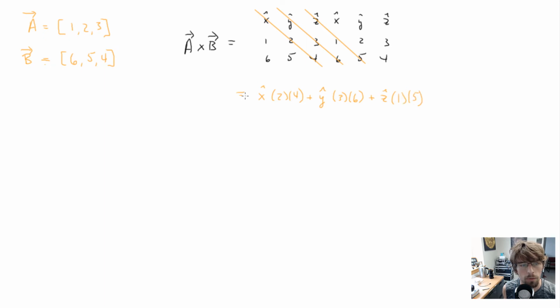Like I said, we're only halfway done now. We've gotten the positive values, now we've got to get the other ones, the lower left to upper right.